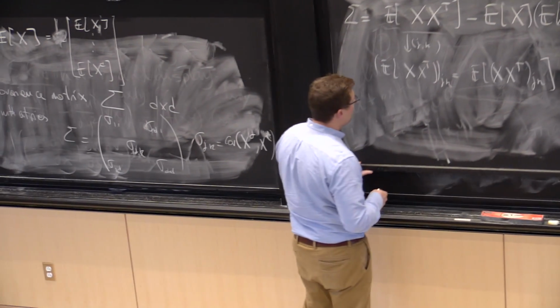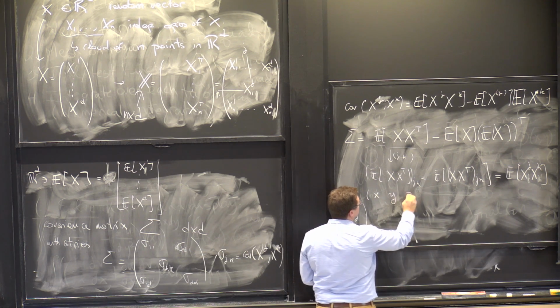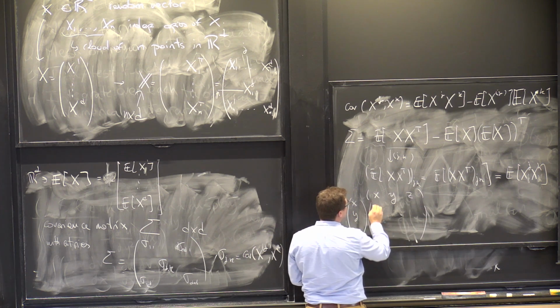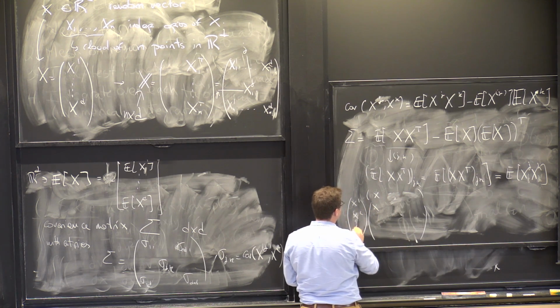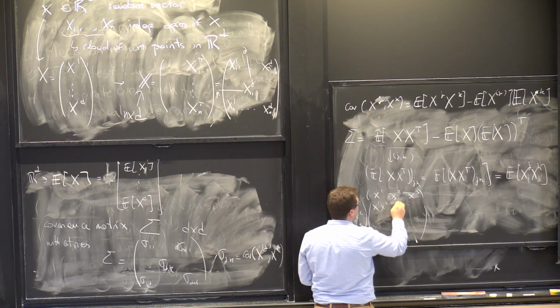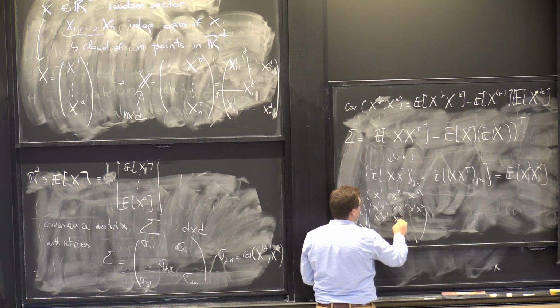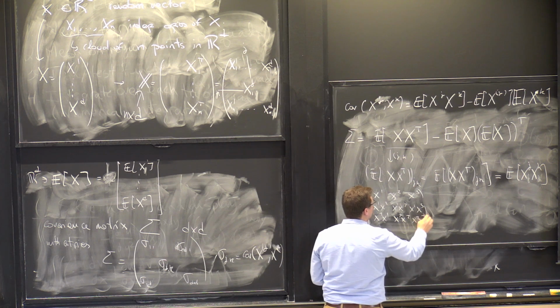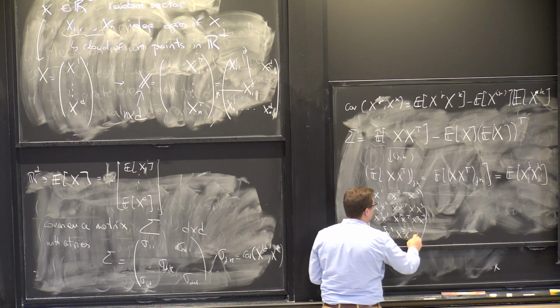Because if I take, for example, x, y, z, and then I multiply by x, y, z, using indices, x1, x2, x3 times x1, x2, x3, the entries are x1x1, x1x2, x1x3, x2x1, x2x2, x2x3, x3x1, x3x2, x3x3.